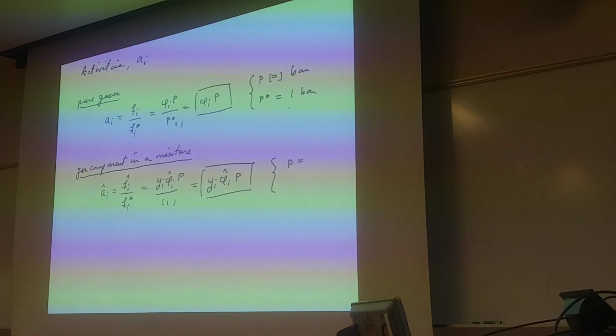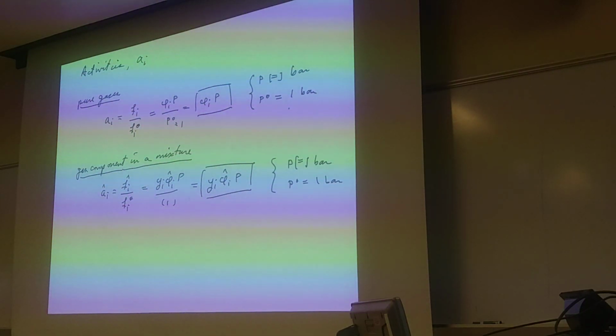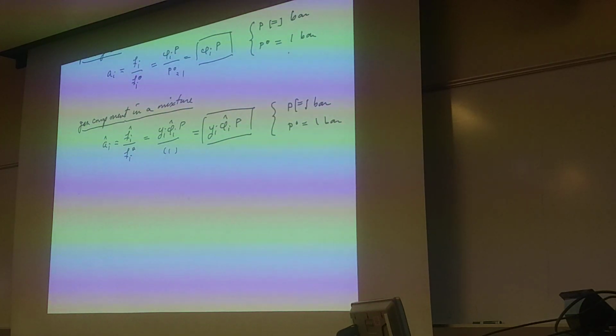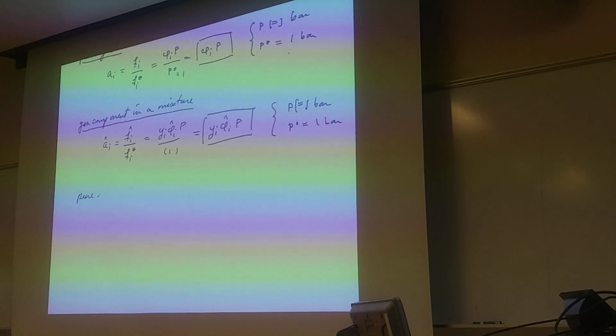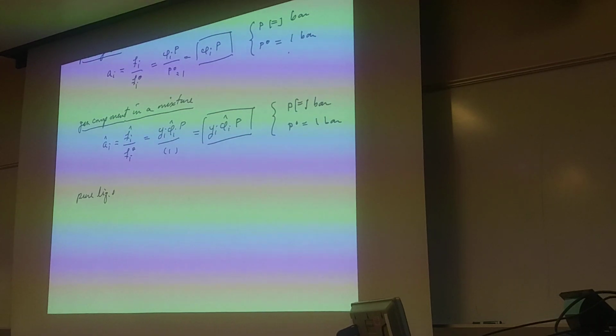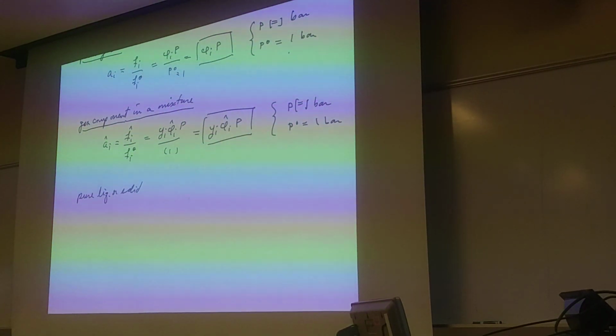Again, with the same understanding, the pressure here has to be in units of bar, and our P0 has been set equal to 1 bar. That has to be understood. The next item in our list would be a pure condensed phase, so pure liquid or solid.